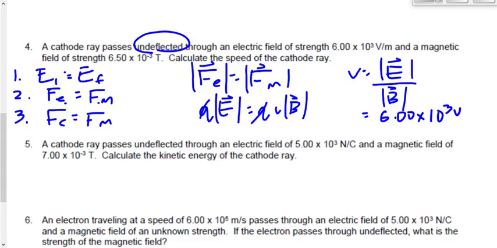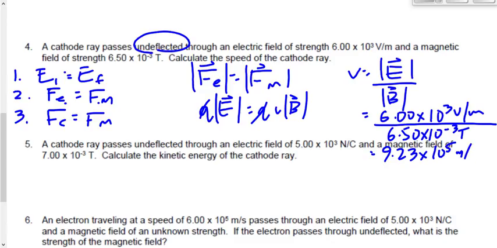We could say volts per meter here, as we give you in this question, but we could also say newtons per coulomb. Both of those are valid units for electric field. B, the magnetic field strength, is 6.50 times 10 to the minus 3 Tesla. When I do the math there, I end up getting 9.23 times 10 to the 5 meters per second.